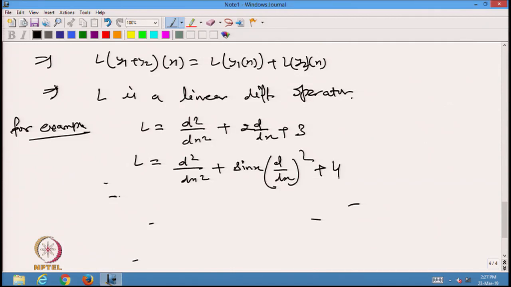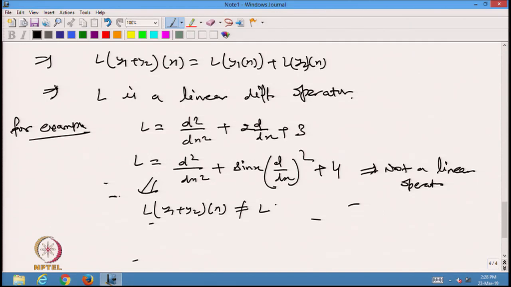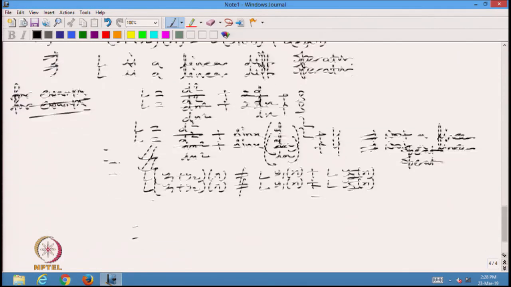In this case I have a square of the derivative, so I can prove that this is not a linear operator, because from here I can show that L of (y1 plus y2)(x) is not equal to L of y1(x) plus L of y2(x). It can be proved very easily, so you can do it as homework.